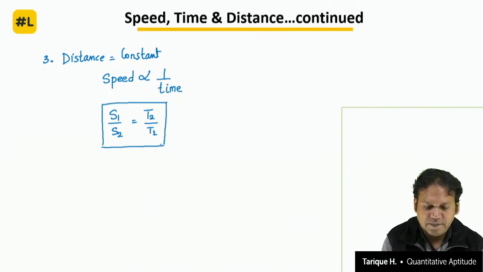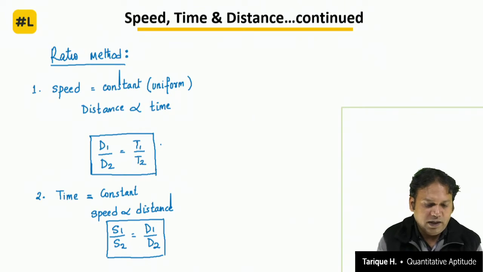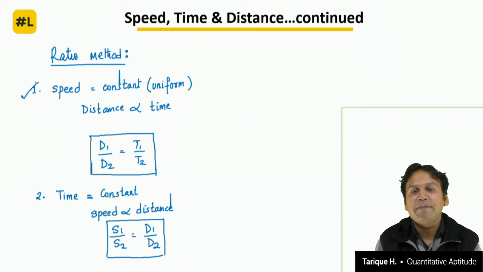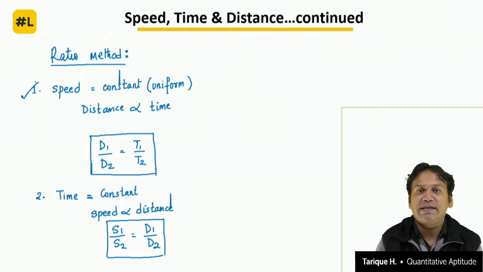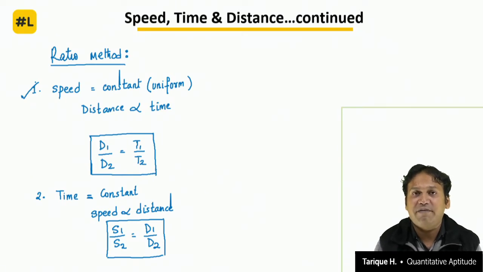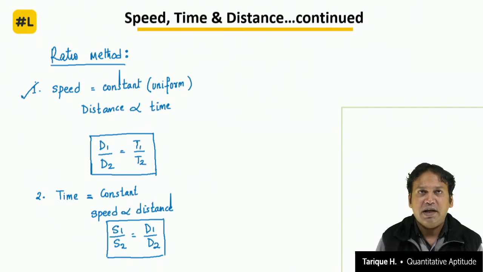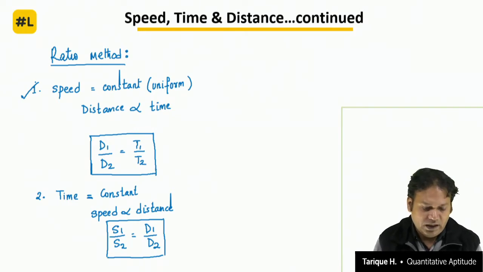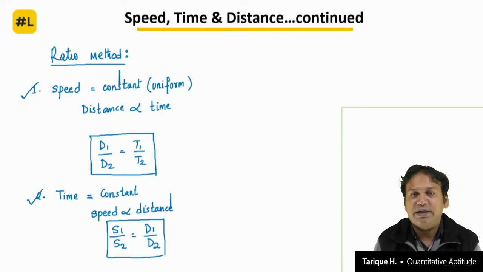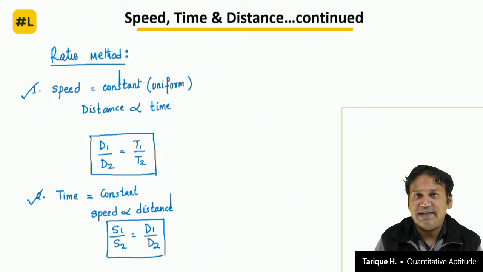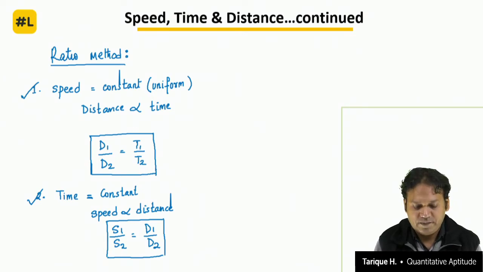So, three things are there. One is when speed is constant, when speed is uniform, speed is fixed, then distance ratio is same as time ratio, or we say distance is directly proportional to time. D1 by D2 is equal to T1 by T2, where D stands for distance and T stands for time. Second is when time is constant, then speed is directly proportional to distance.